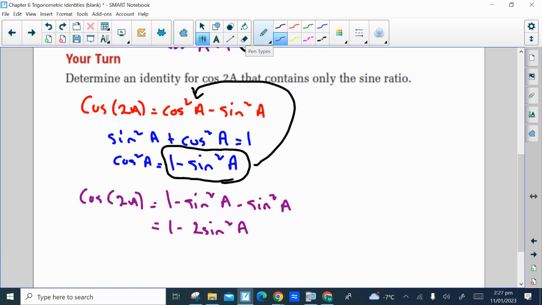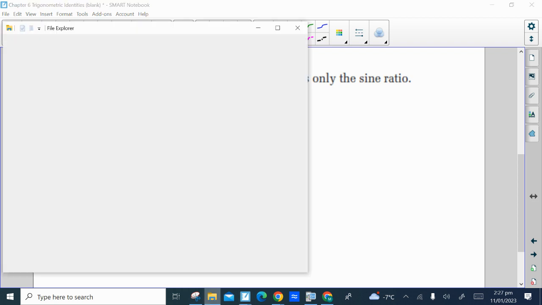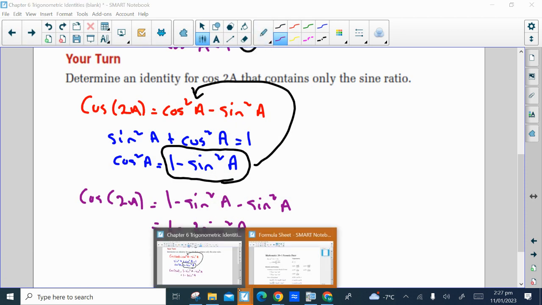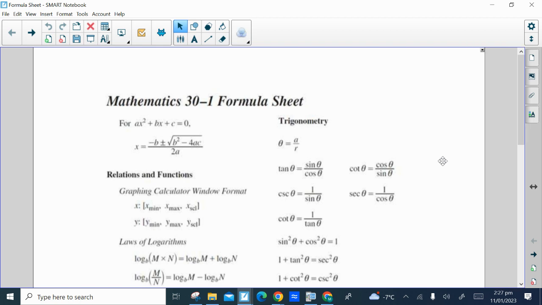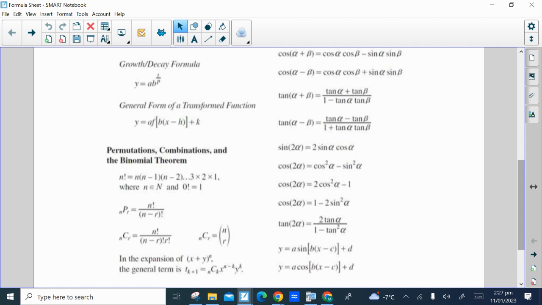Okay, I'm just opening up the formula sheet so you can see that these other two are on there as well. All three double angle identities for cosine are on there.